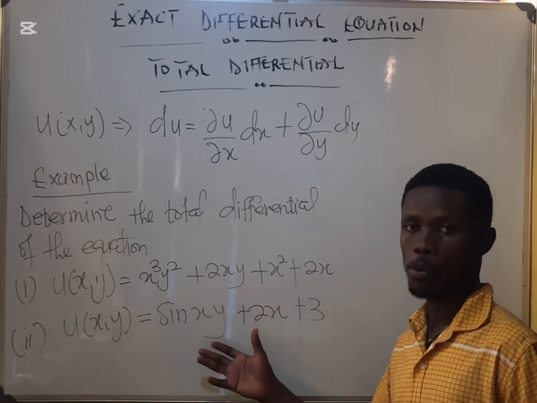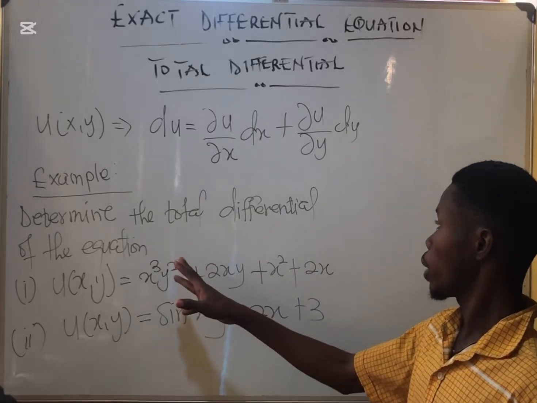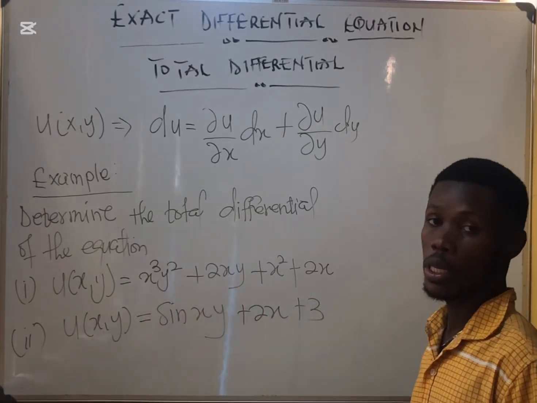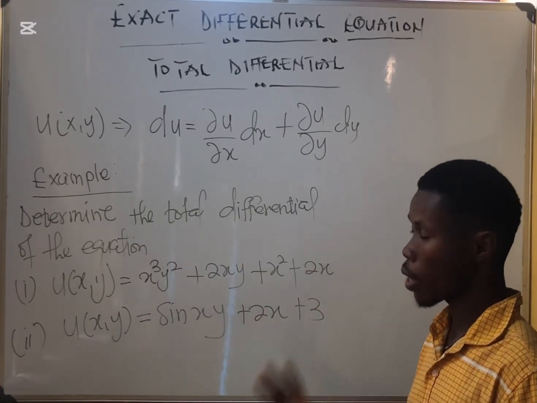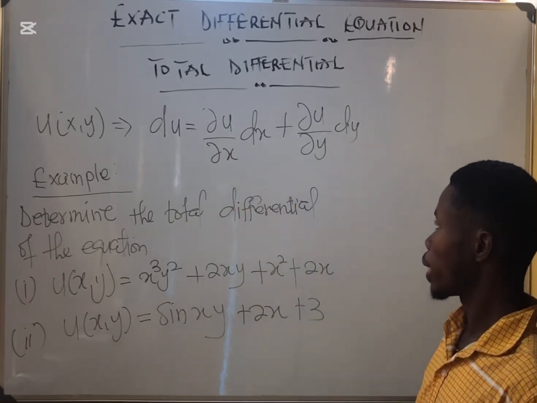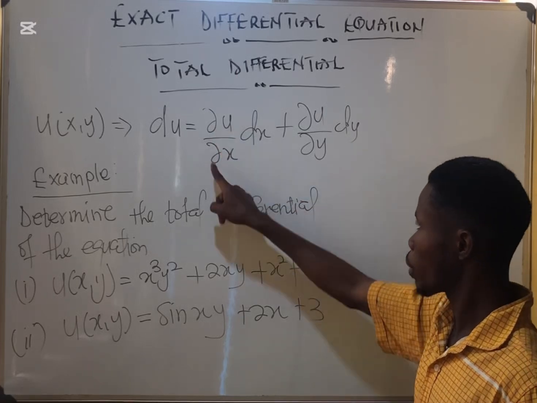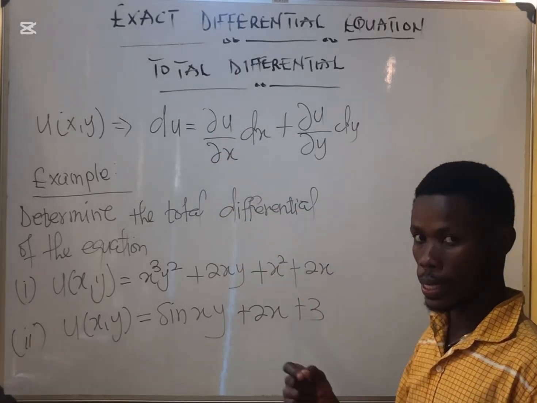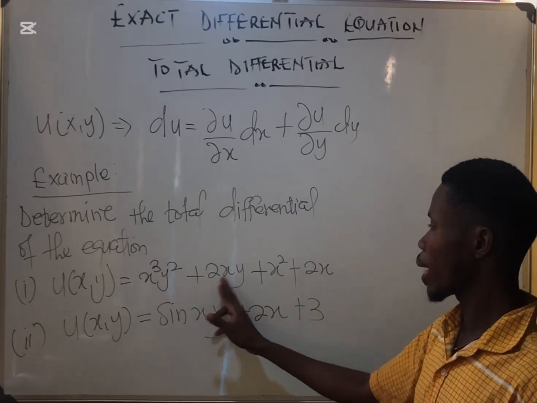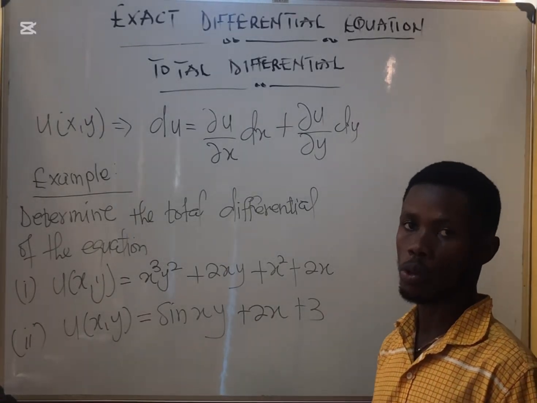This is an example. We have to determine the total differential of the equation. So once they just say the total differential, this is the formula we are going to use. And here, the partial means that you are differentiating with respect to x. So at that point, anything that is y becomes constant.